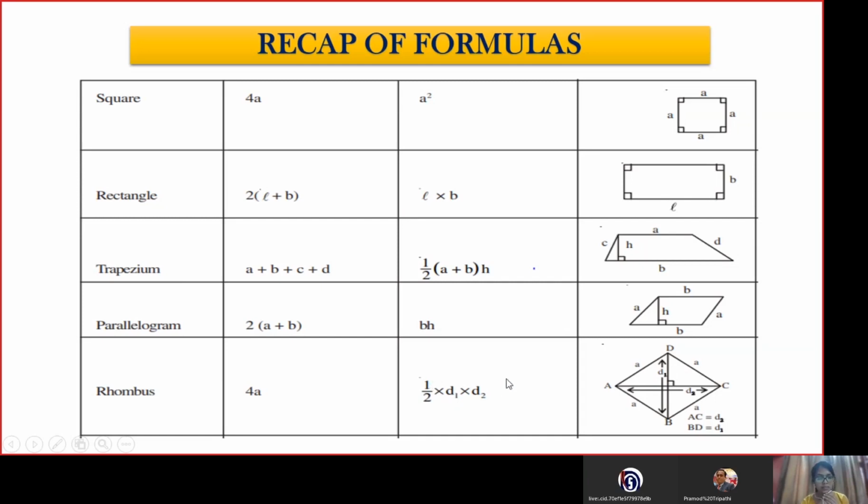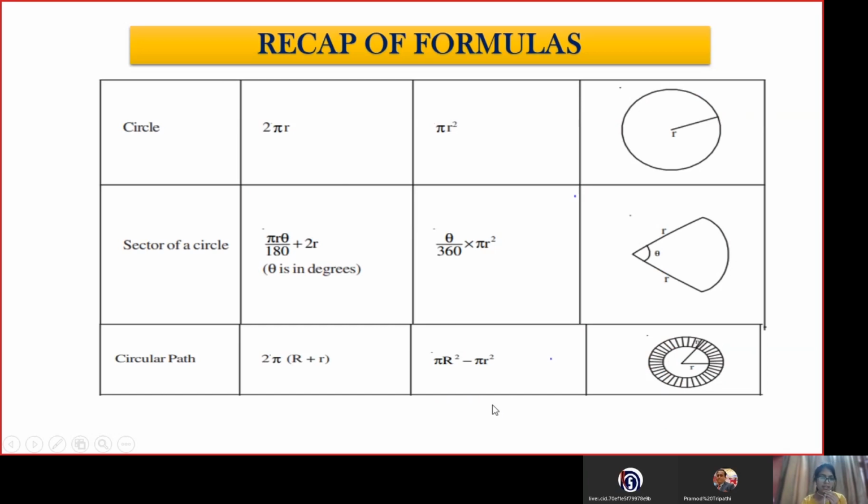Lastly, we discussed the area and perimeter of a circle. So we know the circumference of a circle is 2 pi r, whereas the area of a circle is pi r square. Sector of a circle is a region between two radii and an arc, like a slice of pizza.